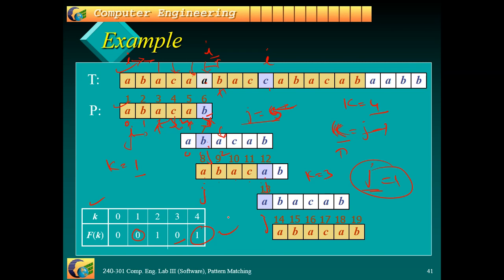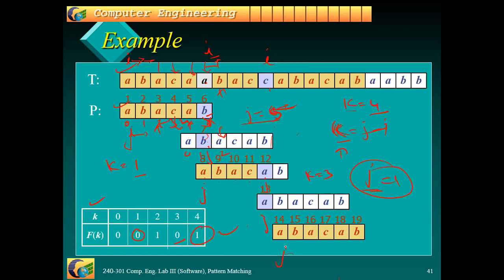Then what happens? When there is a mismatch, what do you do? When the failure function value does not help you, both are going to be incremented, right? You can see here i will be incremented and j will also be incremented.